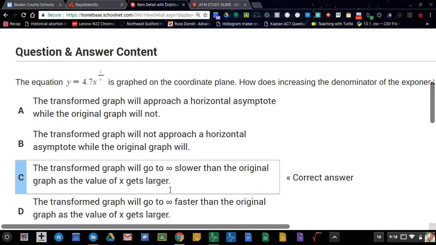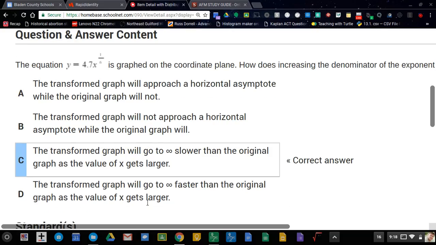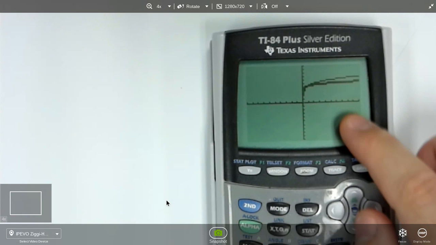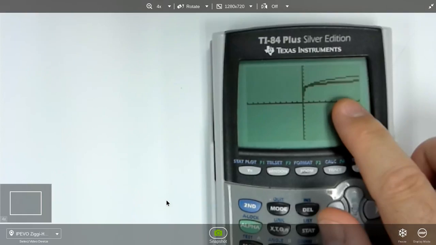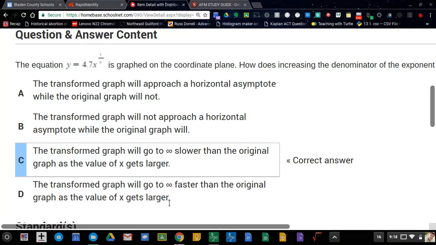All right, D, the transformed graph will go to infinity faster than the original graph as the value of x gets larger. Again, that is the opposite of what happened. So it looks like, yes, C is going to be your optimal choice there. Because again, neither one is approaching a horizontal asymptote, so A and B are just ruled out. This function is always increasing, but as it flattens out, you still can't say that it's approaching a horizontal asymptote.